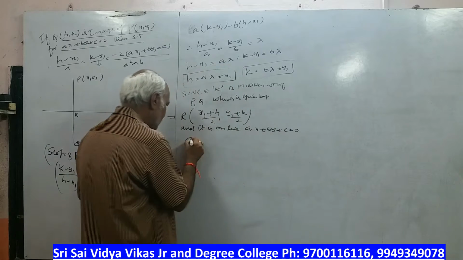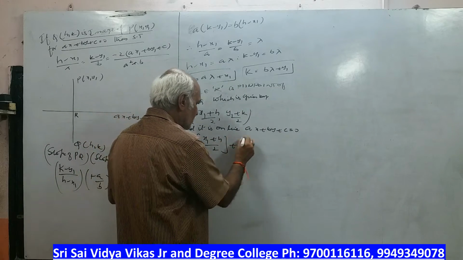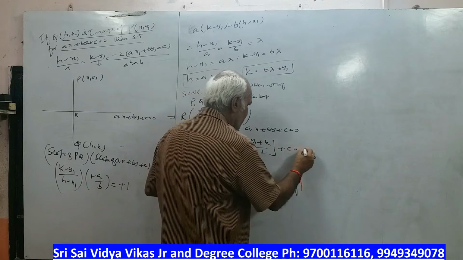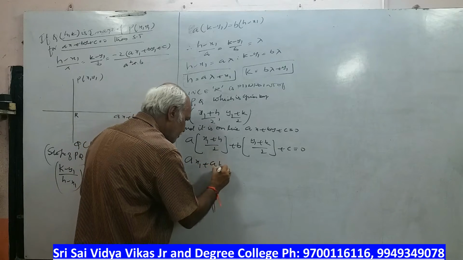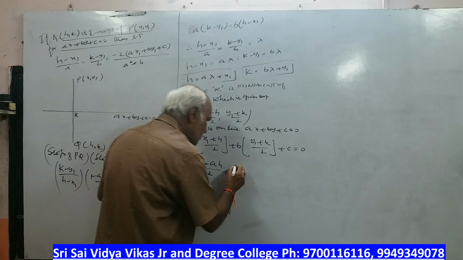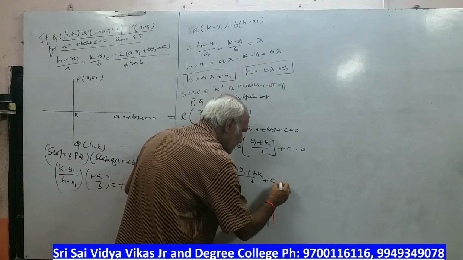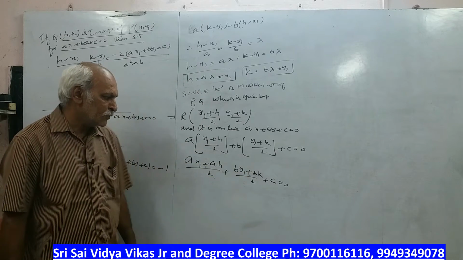ax plus by plus c is equal to 0. So a into x1 plus h by 2, plus b into y1 plus k by 2, plus c. Open the bracket: ax1 by 2 plus ah by 2, by1 by 2 plus bk by 2 plus c.